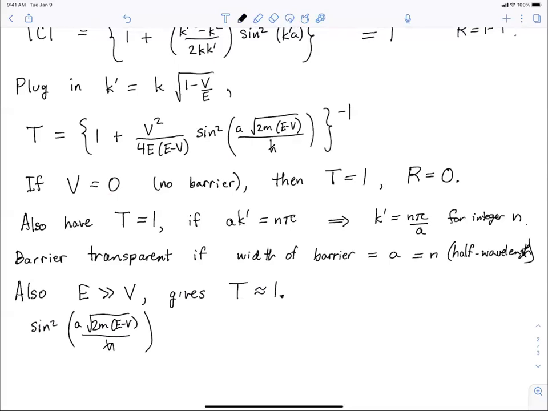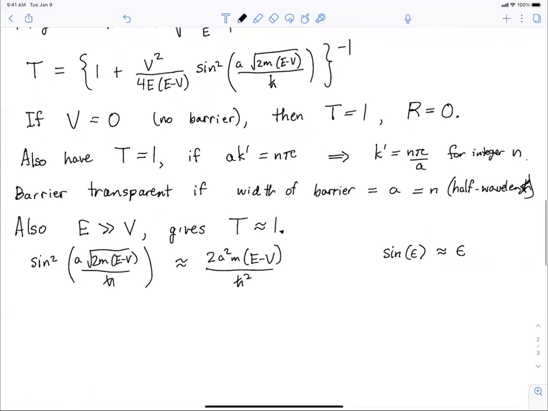Okay, and so all we're going to do here is say that that's approximately equal to 2a squared m (E minus V) over h bar squared. All I'm using there is that the sine of a very small number is approximately the same very small number.